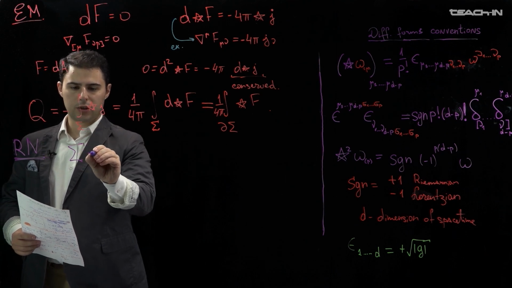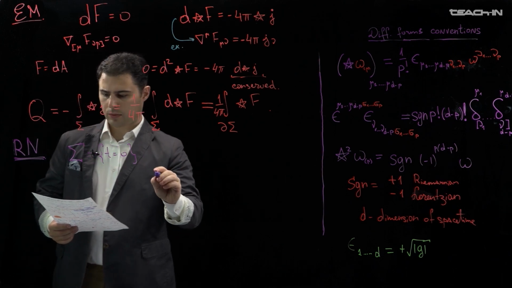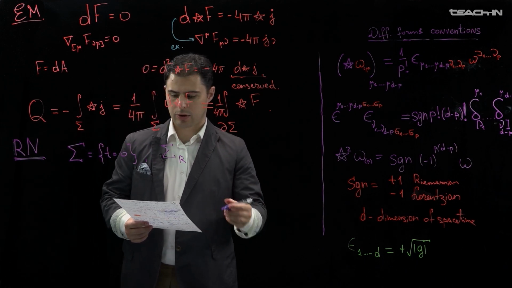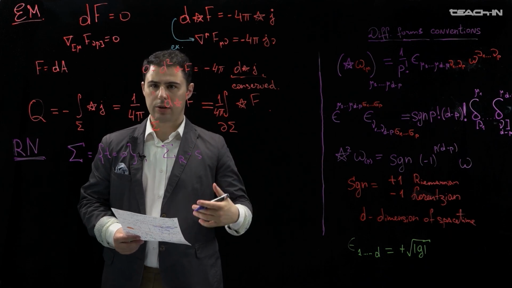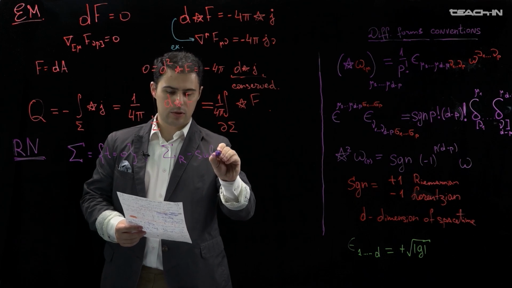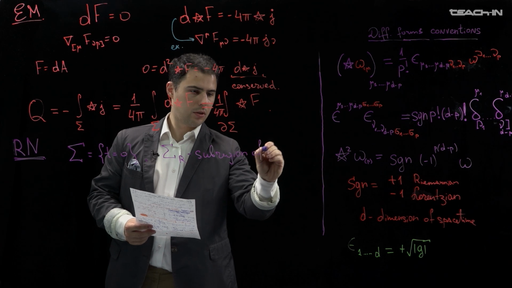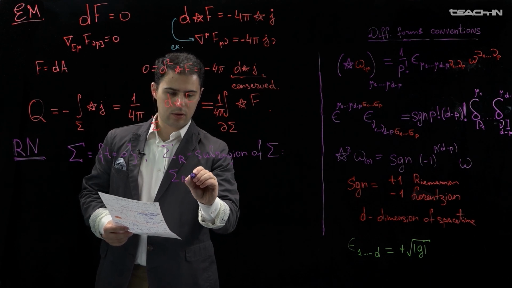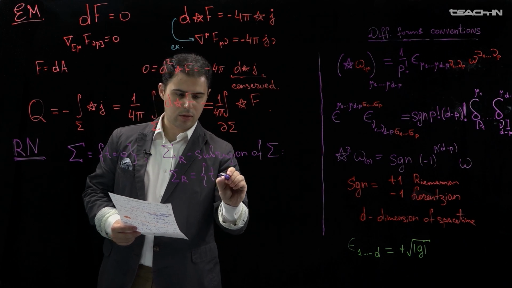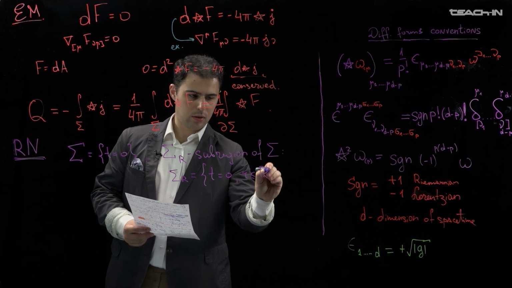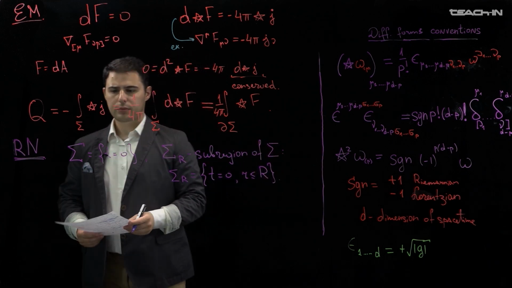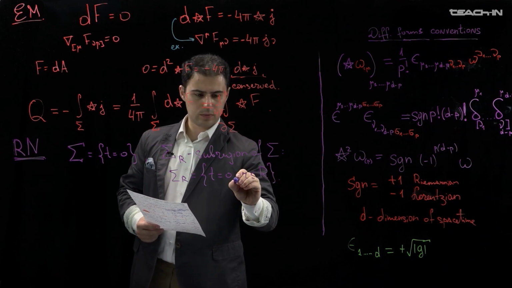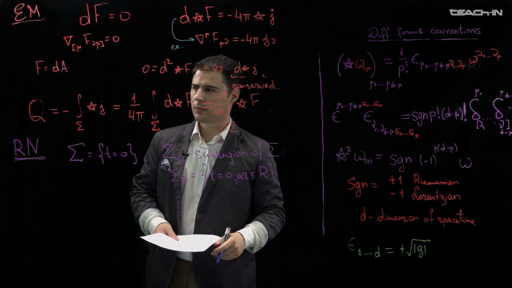We naturally take sigma to be the constant time slice, and let us take sigma_r to be its subregion bounded by the value of the radial coordinate r.